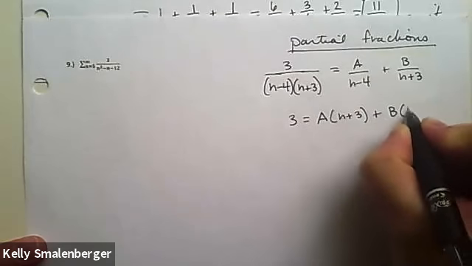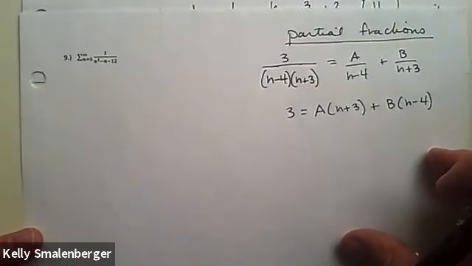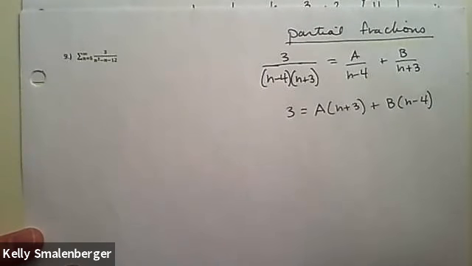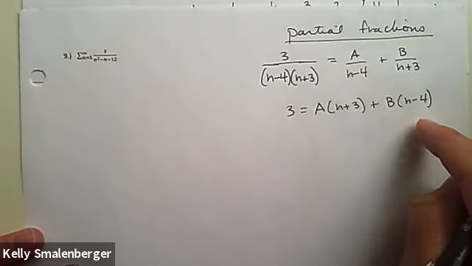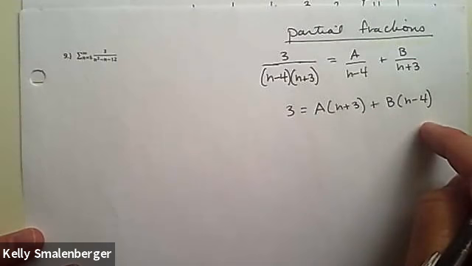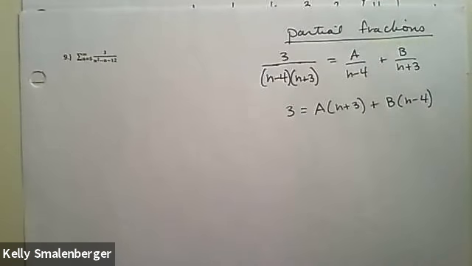Good. All right, and then what do we do? So now we choose values for n to cancel out stuff, right? So why don't you guys do partial fractions and let me know what you get.